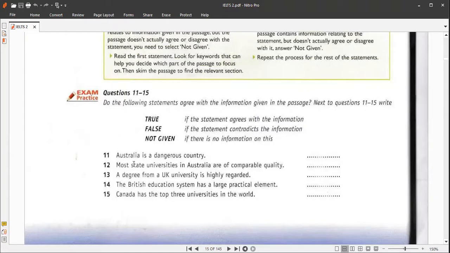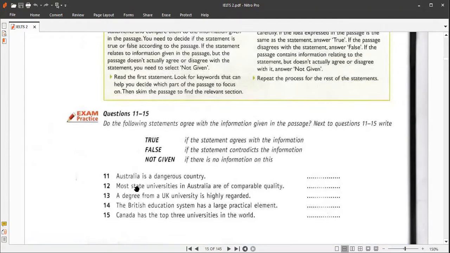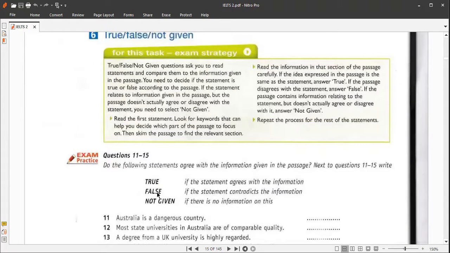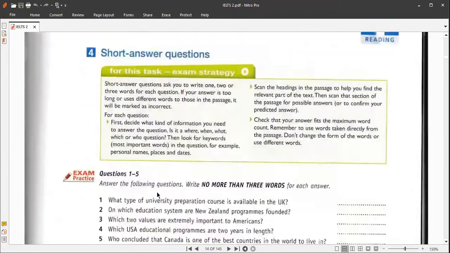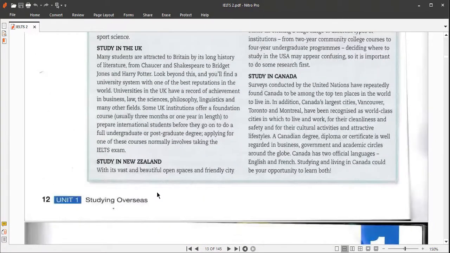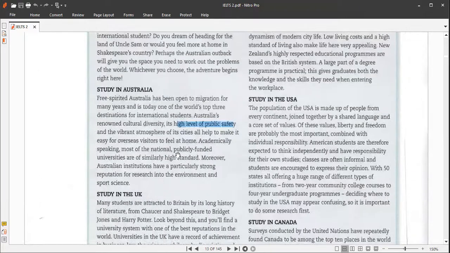Number 12, most state universities in Australia are of comparable quality. So the state universities are the universities made by the states, not the private ones. Most state universities in Australia are of comparable, so they have similar quality.